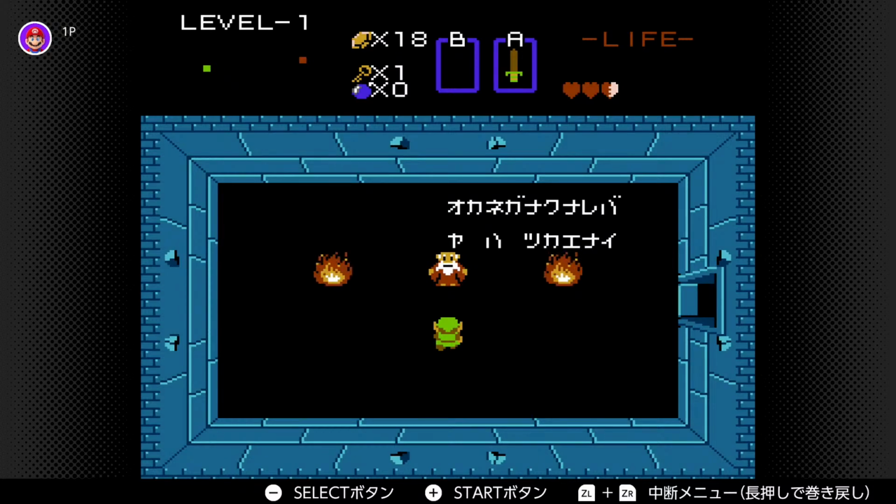By adding nai, you get the negative form, and so can't be used. So, as for the arrows, can't be used if you lose, if you don't have money.